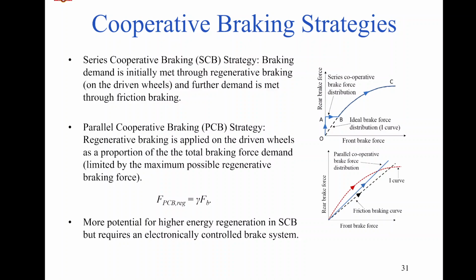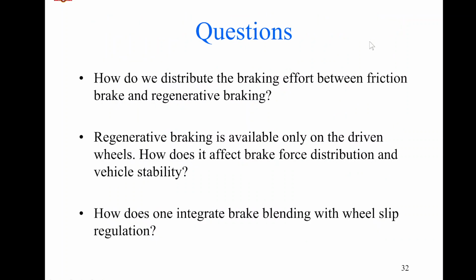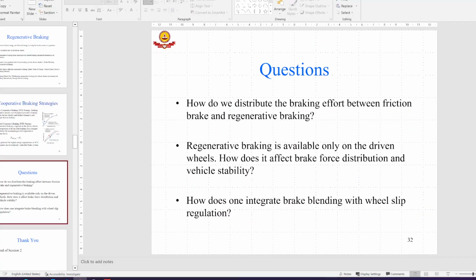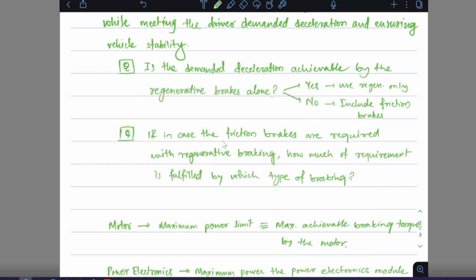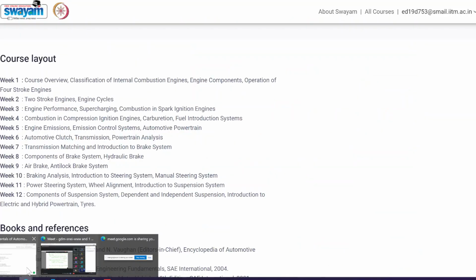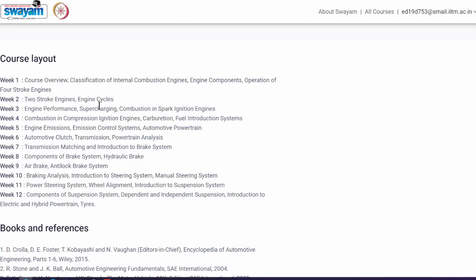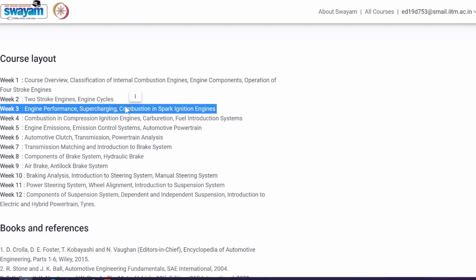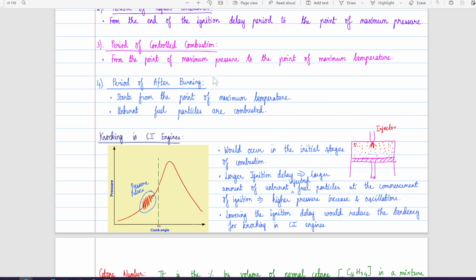So do we have any more questions on what we discussed today? Of course, you can always ask more questions. Now, what I want to do is pull up the notes on supercharging and combustion in spark ignition engines. Do you people have any questions on that?